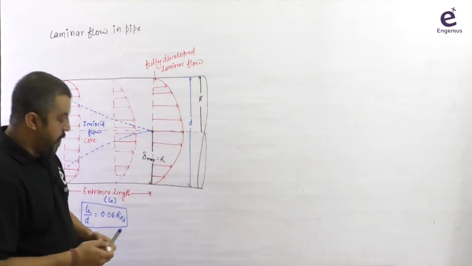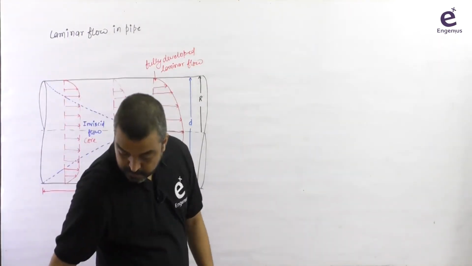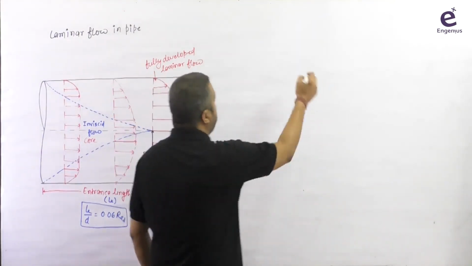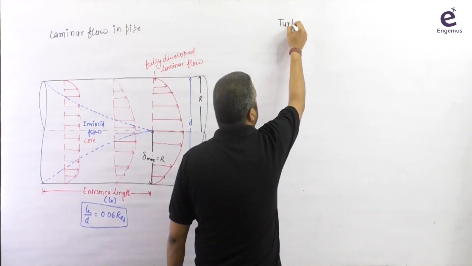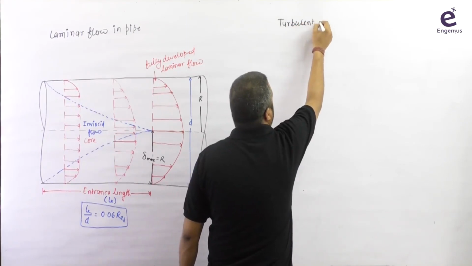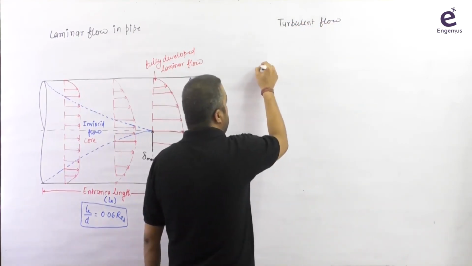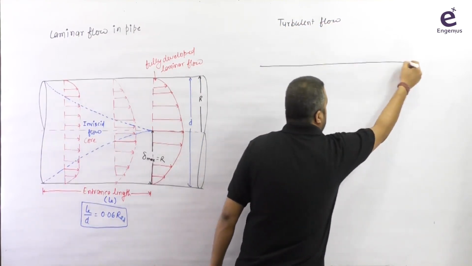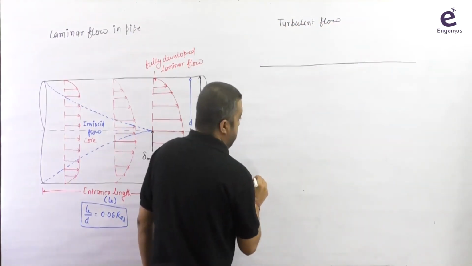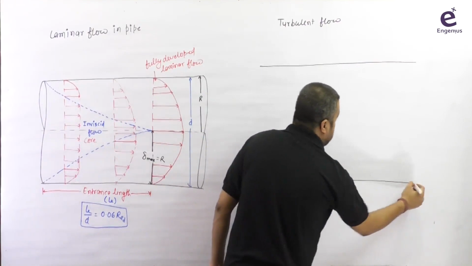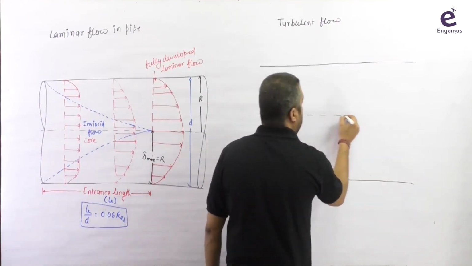Now if you talk about the turbulent flow, in the piping system again. So in this case, if this is our pipe here, and let's suppose this is the center line here.